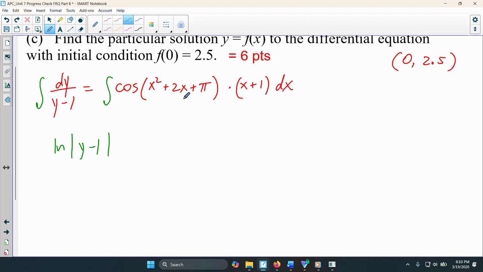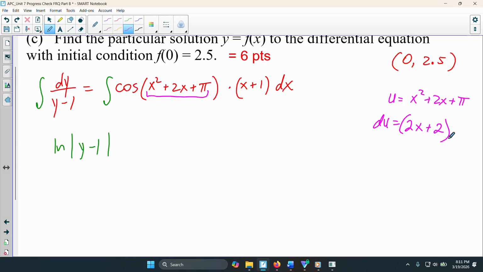Now, speaking of u-sub, on this side I see clearly this is a u-sub problem. This is going to be my u, so I'm going to write u on the side here: x squared plus 2x plus pi. I don't know if you saw that instantly or not, but it's a variation of a u-sub. So du will equal 2x plus 2, and of course that goes away.